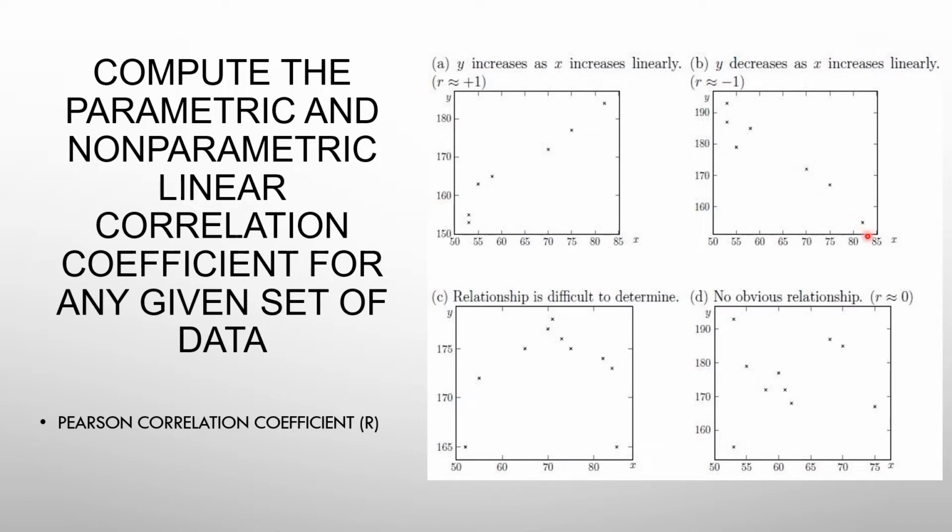It's inversely proportional. When there's no obvious relationship, that means it is neither up nor down, it will be close to 0. So you can look at the sign, whether it's positive or negative, to be equivalent to whether it's a positive gradient or negative gradient. This is for Pearson's correlation.